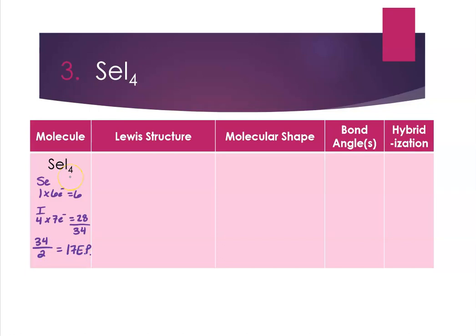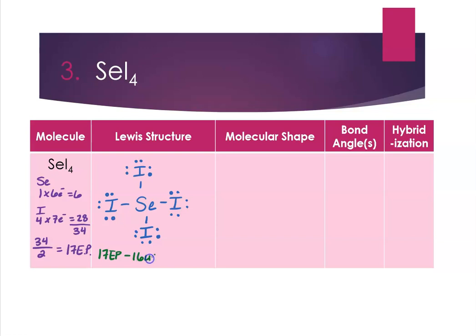All right, so now I draw my molecule. Se, I only have 1 of, so that's going to be my central atom. And then I attach all of the iodines. And then iodine is not hydrogen, so I put 3 lone pairs around each iodine to complete the octet. Bam! Magic. Now I count. I started with 17, and I have now 1, 2, 3, 4 bonds, and then 5, 6, 7, 8, 9, 10, 11, 12, 13, 14, 15, 16.